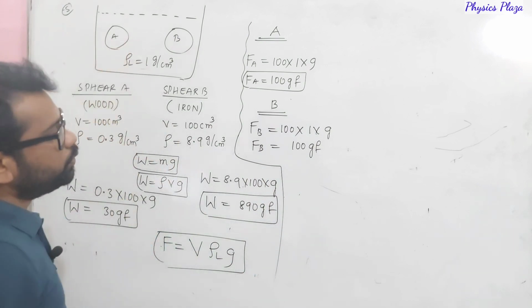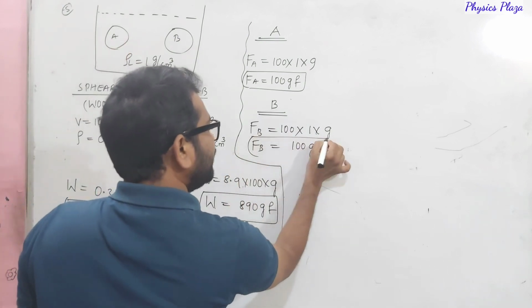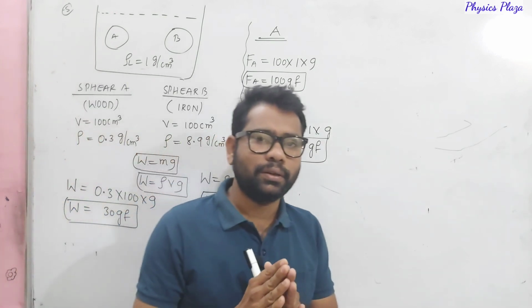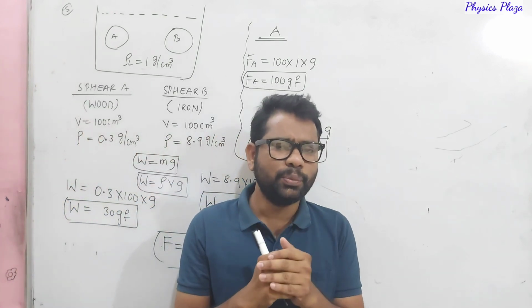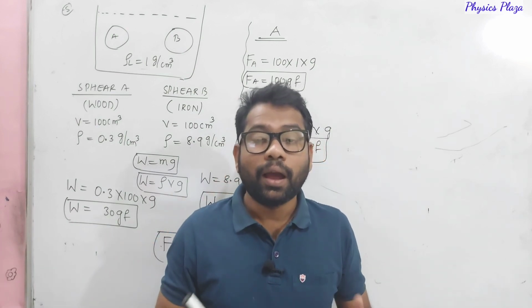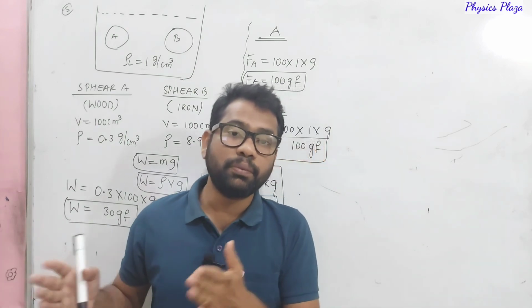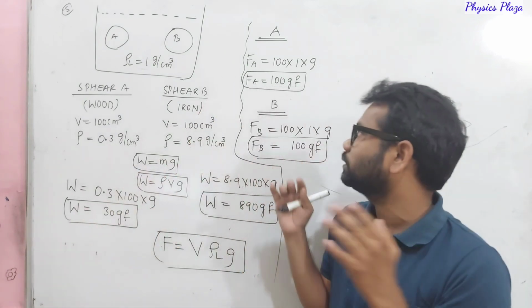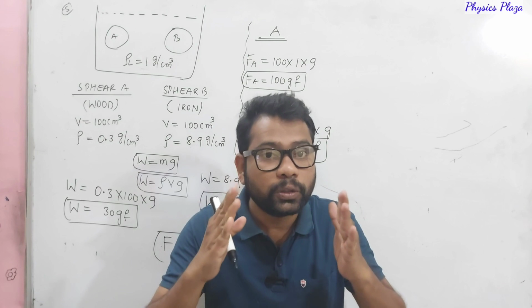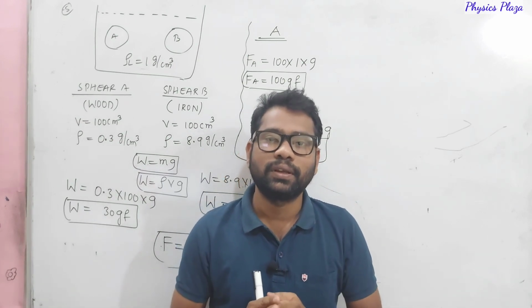That means what we can notice, children, both will experience the same upthrust. Once again you may get one doubt. Sir, one is made up of wood, another one is made up of iron. How can we say that both will experience the same upthrust? Something went wrong, isn't it? No, it's not that. So let us recall the factors affecting the buoyant force.